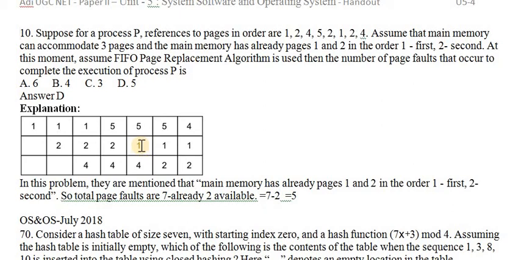Again 2 is coming, we want to replace this 4 by 2. So far the page fault count: for 4, 1 page fault, for 5, 1 page fault, for this 1 a third page fault, for replacing 4 by 2 another page fault, so the count so far is 4. Now again 4 is coming, so we have to replace this 5 by 4, page fault is 5.